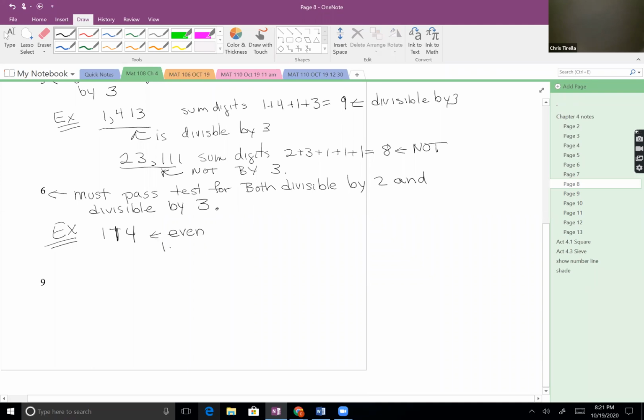And if I have 1 plus 1 plus 4, that gives me 6. That divides evenly by 3. And so putting the two pieces together, I know that 114 can be divided by 6.